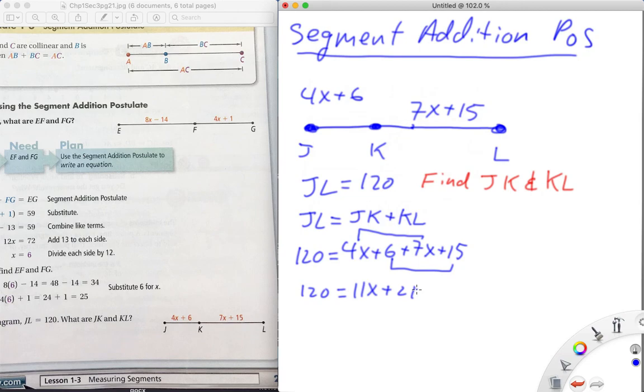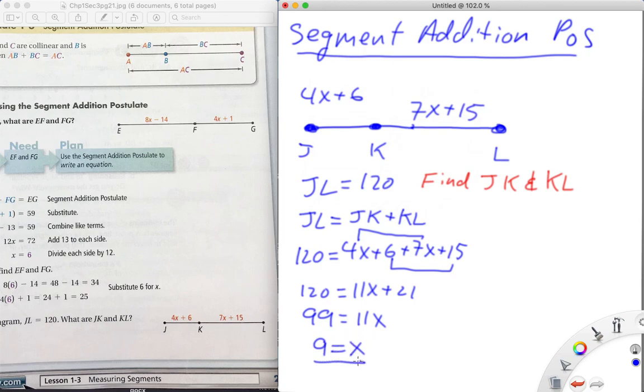Subtract 21 from both sides and I get 99 is equal to 11x. Then I divide both sides by 11 and I get that 9 is equal to x.